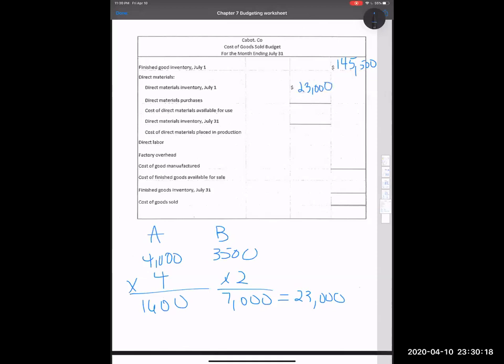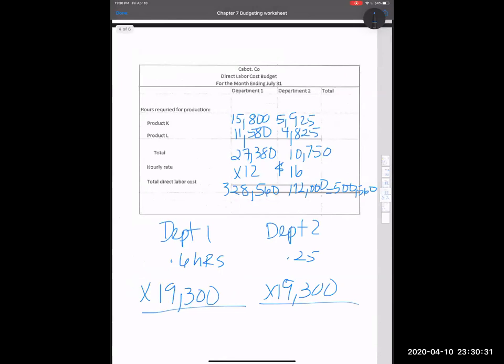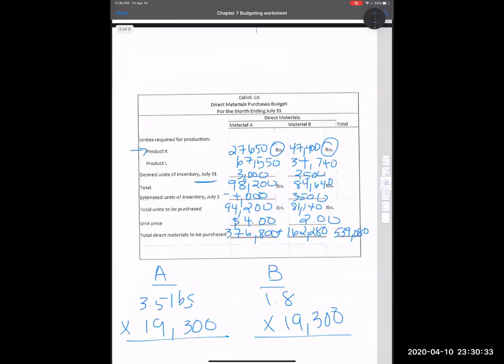All right, so then we have our direct materials purchases. This one should be a no-brainer. That's not something we need to calculate. So what you're gonna do is go to your direct materials purchase budget. All right, so here it is, our direct materials purchase budget. And we're gonna take this number that we've already calculated, which is 539,080.